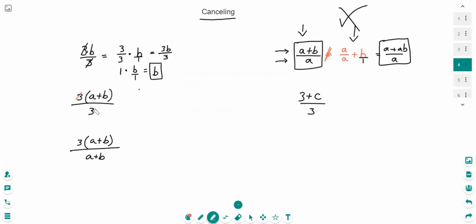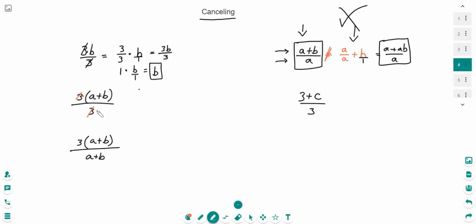And you might say, well, whoa, wait a minute. We've got addition in here. So doesn't that mean we can't? Well, the 3 isn't being added. The 3 is being multiplied. The 3 is being multiplied by the a plus b. So the 3 is a factor in the numerator. Okay? It's also a factor in the denominator.